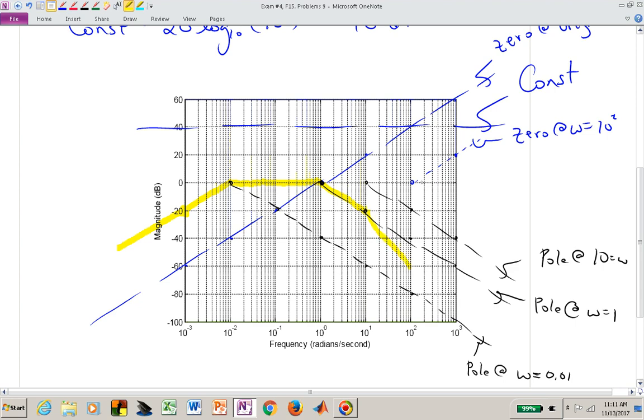And finally, I have this 0 coming back up, so I now am not going down at 40 dB per decade, but only 20 dB per decade. So here is my final curve of magnitude.